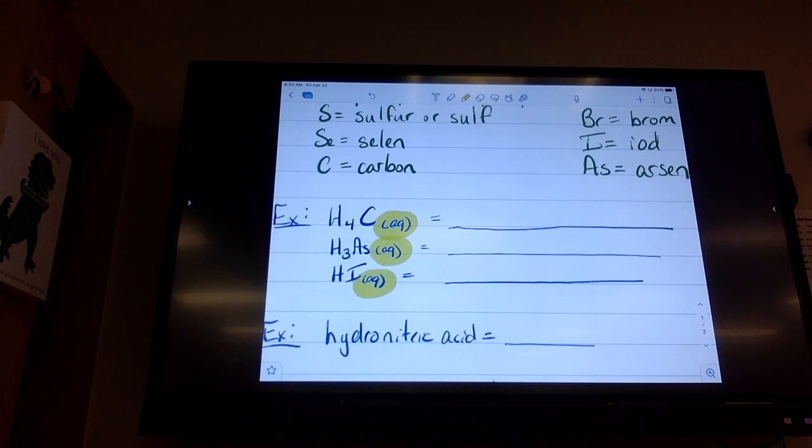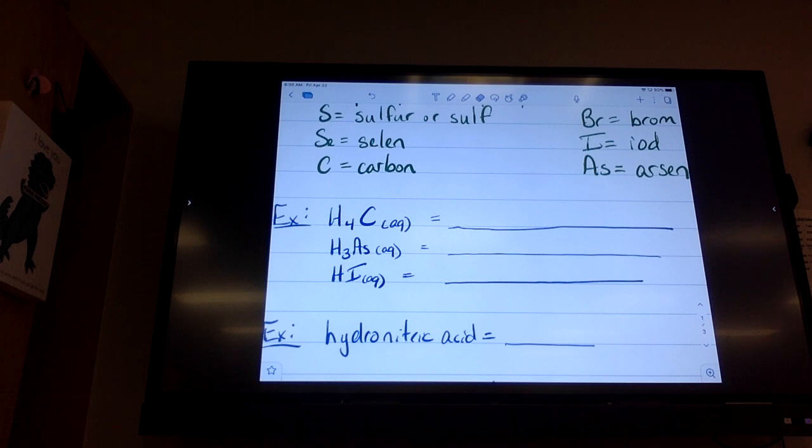Aqueous. So I'm not going to ever count you wrong on this, but all acids are aqueous solutions, so technically they're supposed to have AQ after them. All acids. But again, I'm not going to count you wrong if you forget it, but if you see it there, I don't want it to throw you.